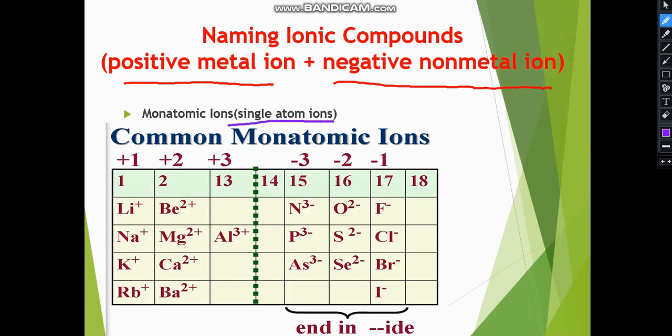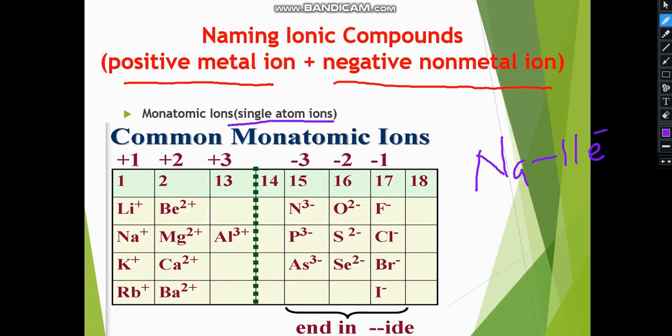So if you only have one atom and this atom has gained or lost a charge and becomes an ion, that forms a monoatomic ion. So we can have the example of sodium. We know that sodium has 11 electrons.